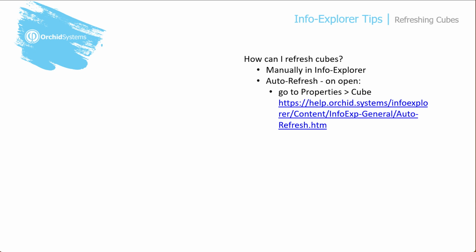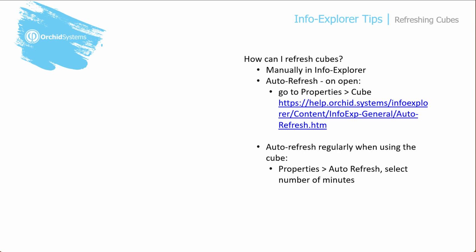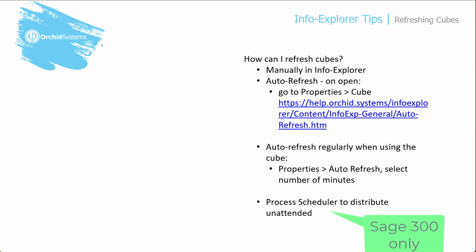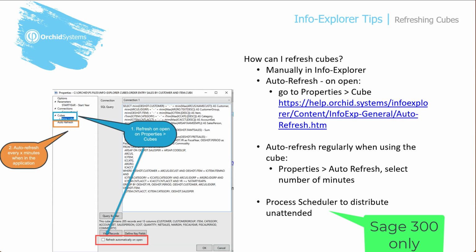One is to auto refresh when you open the cube, and the other one is while you're using the cube, you can choose to refresh regularly every X number of minutes. You can also use Process Scheduler Level 1 to distribute the cubes, so to refresh them and email them to users. So we'll look at these options in Info Explorer just now.